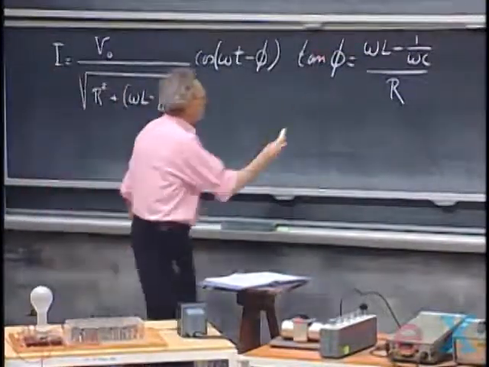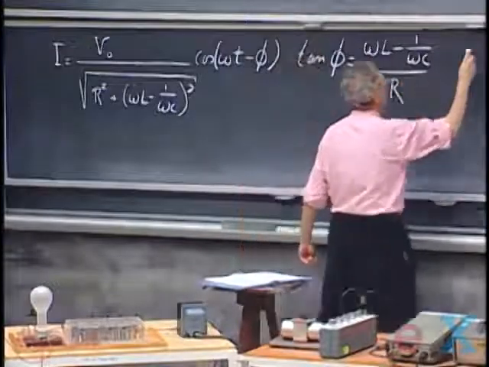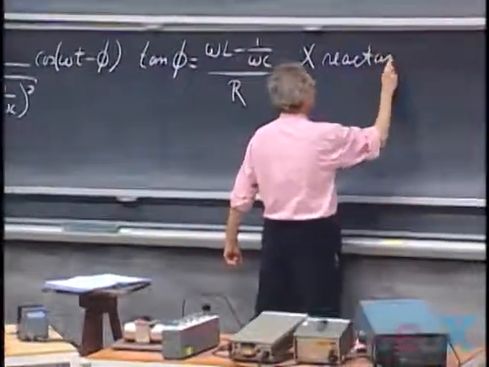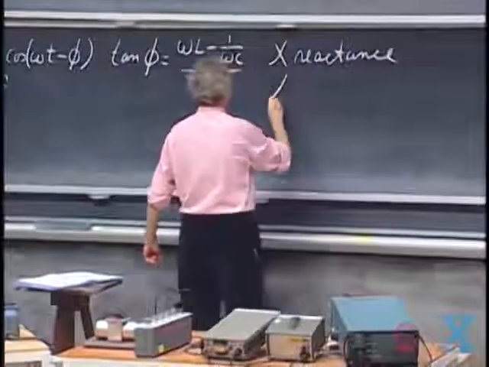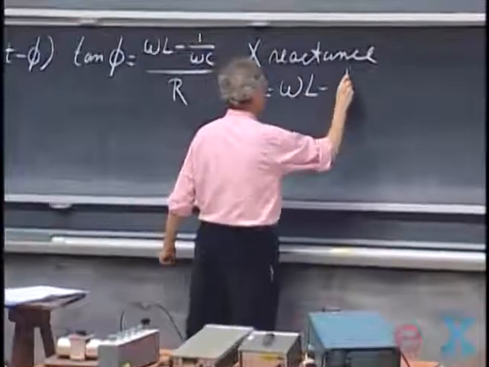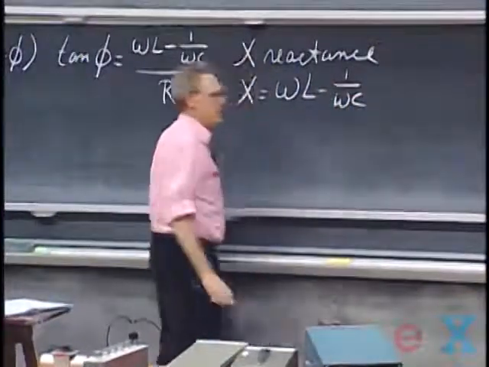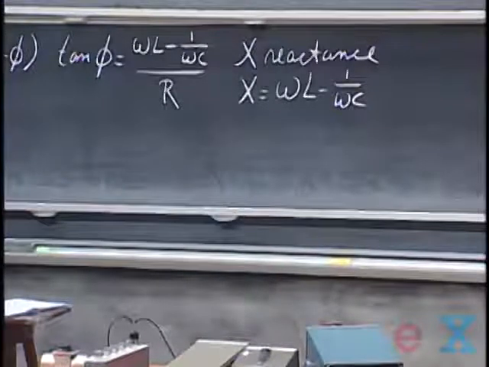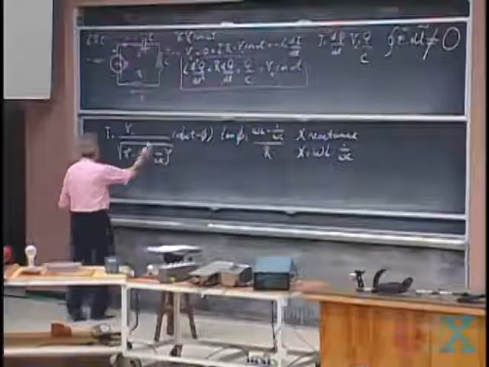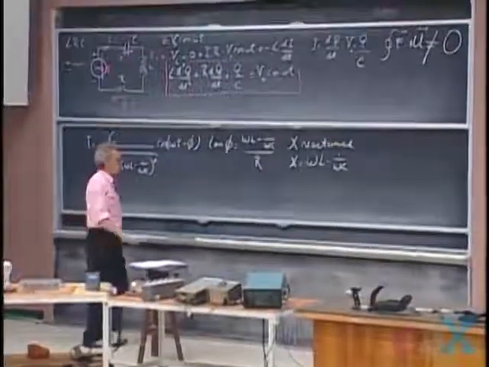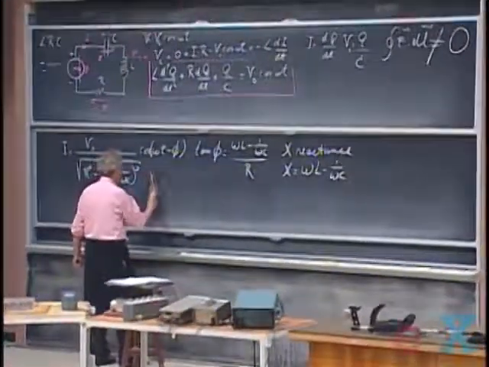We give this upstairs here a name. We call that the reactance. The reactance, X, or sometimes it's called Xi, is omega L minus 1 over omega C. And the units are also ohms. We call the entire square root that you see here capital Z, which is called the impedance.